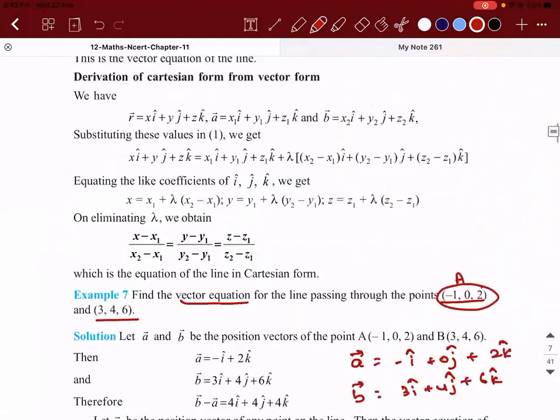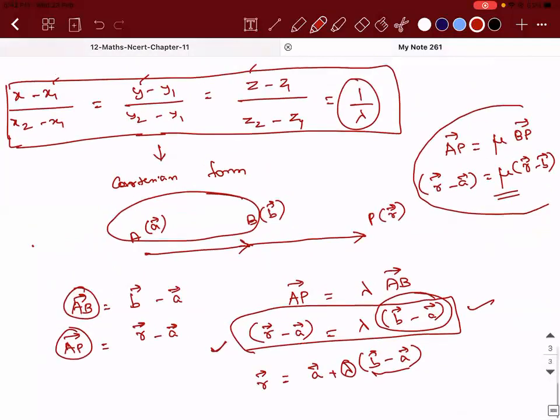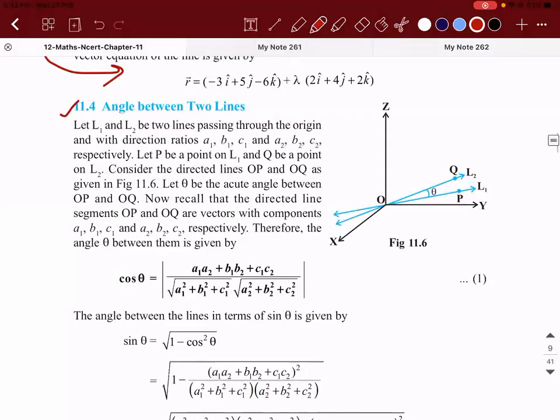Done. Now, having all this knowledge, we are going to see how to find the angle between two lines. So first let us see the requirements.